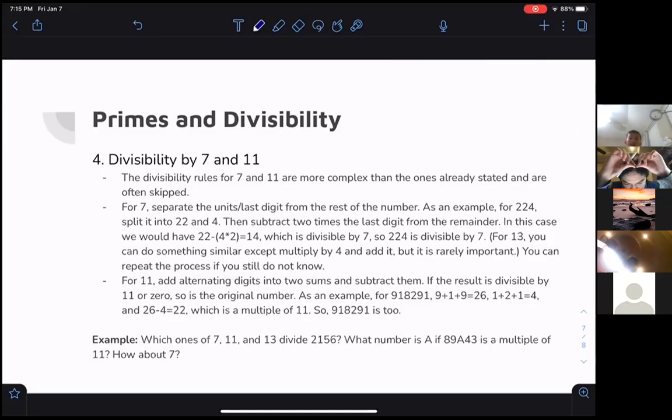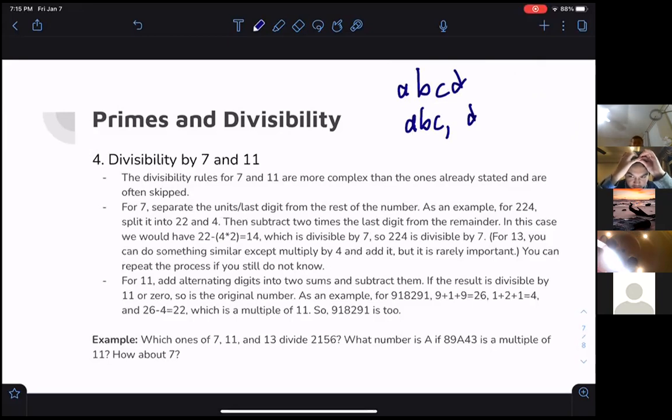For this rule, to derive this, we have some number, let's just go with A, B, C, D this time. We want to split it into ABC and D. We want to subtract 2 times the last digit from the remainder.